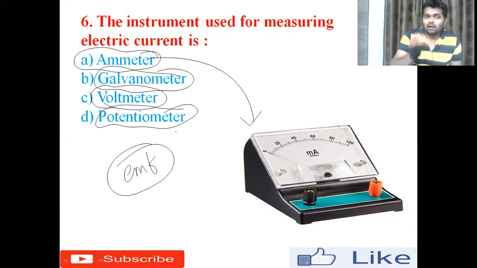Every conductor will produce some percent of resistance, right? Even the cell or battery will produce resistance. Inside the cell, there is a resistance, right? That is called internal resistance. So how much resistance a cell is producing can be measured with the help of a potentiometer. But the right answer for this question is option A, ammeter.